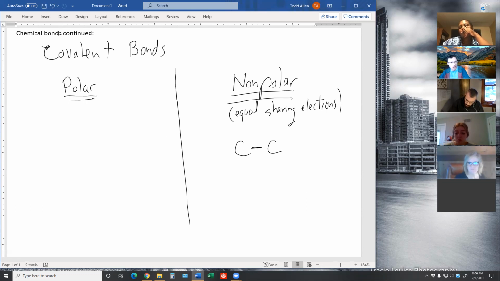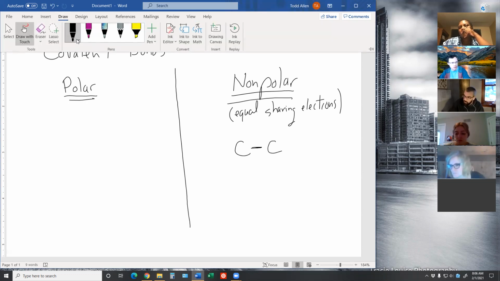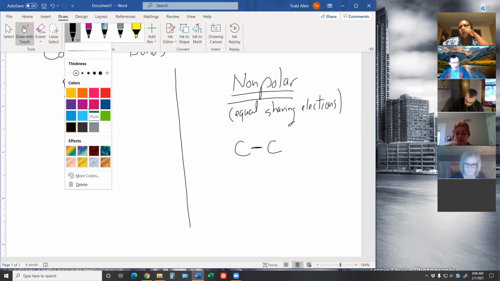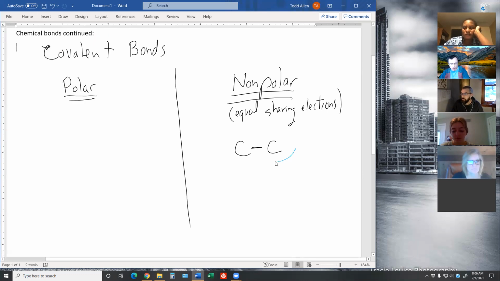And remember, the line in between these atoms is nothing more than a symbolic representation of the bond, right?